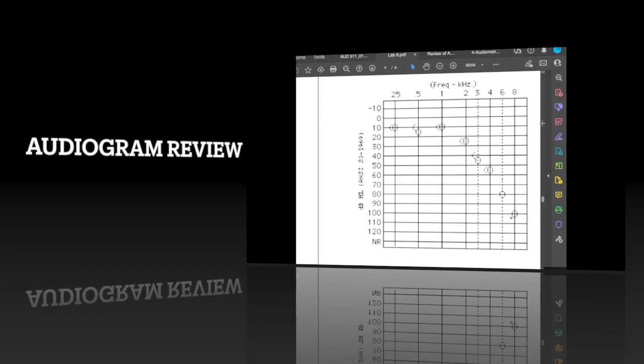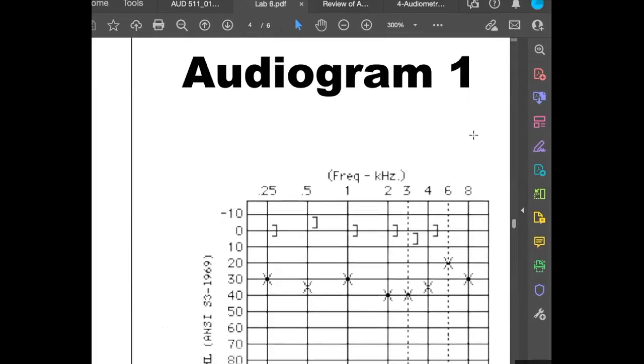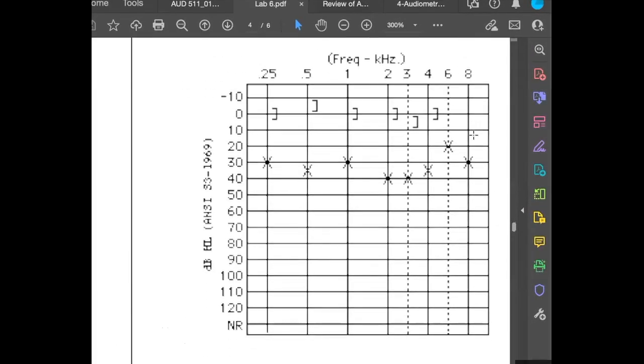Okay, so let's look at the first audiogram. So what do we have here? We've got our frequencies 250 to 8,000 hertz on our x-axis, and then we've got our intensity or decibel level on our y-axis.